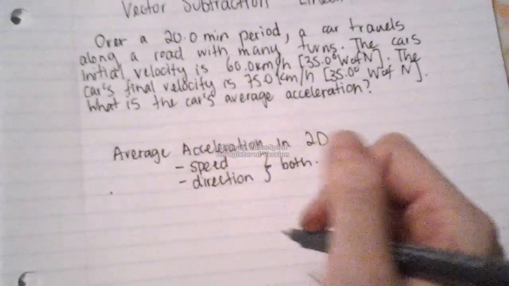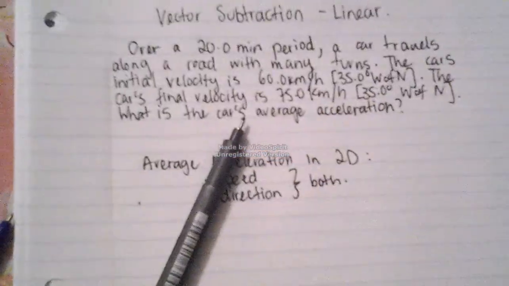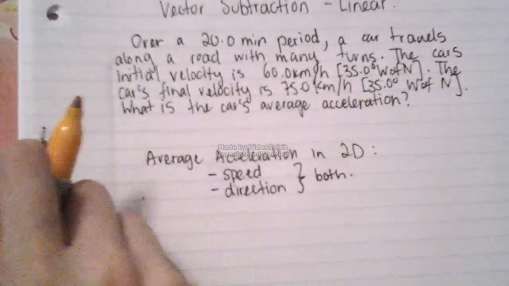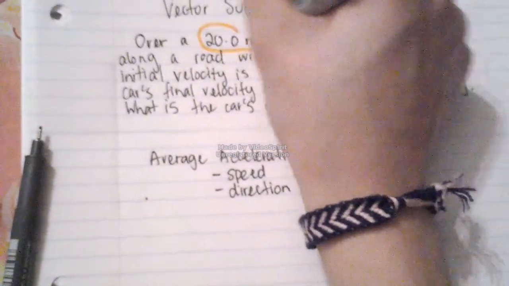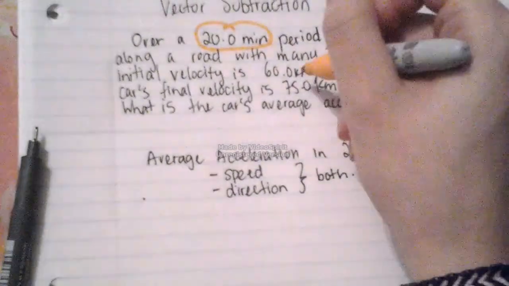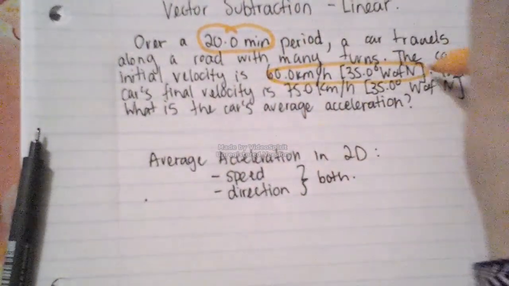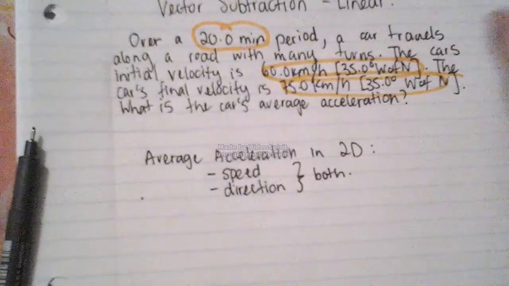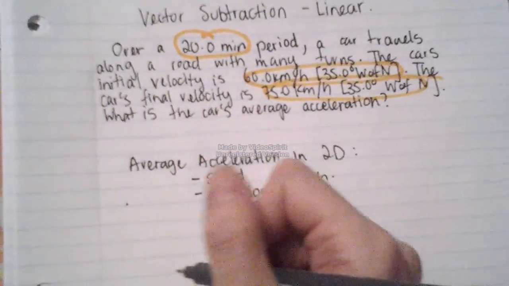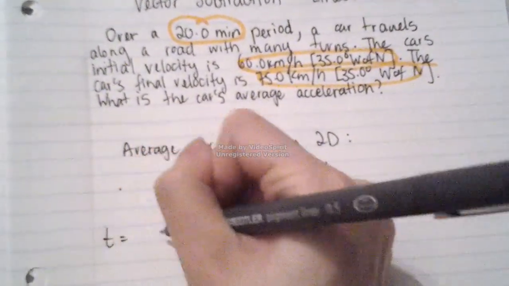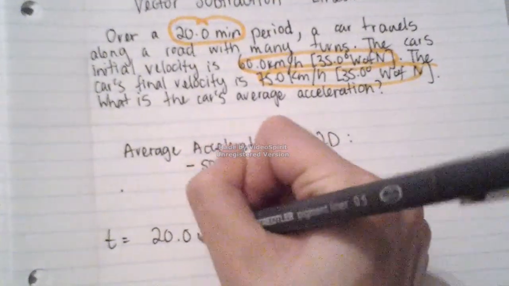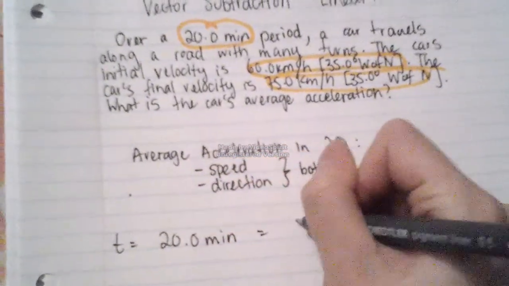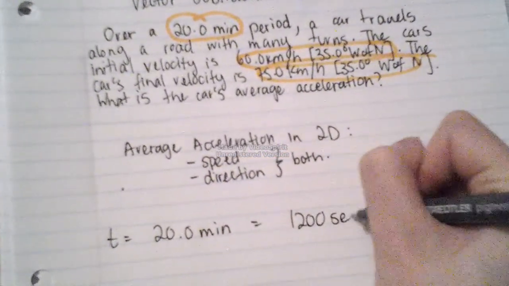So we shall start off with our givens. We have the time, our v1, and our v2. Time is equal to 20 minutes, or 1200 seconds.